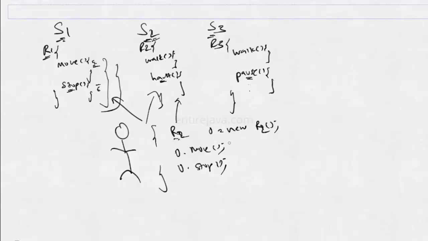But how do we make changes in here? For example, instead of the method move, you're going to have to use the method walk. Instead of the method stop, you're going to have to use the method halt. So for this purpose, you need to go look at the documentation and try to understand what they're doing. You need to try to understand what their source code is doing to be able to make changes to your code.